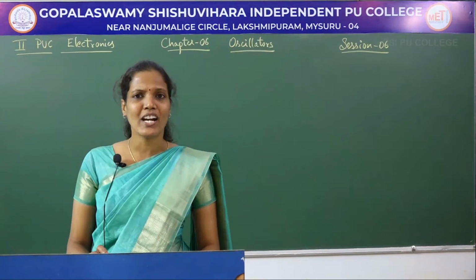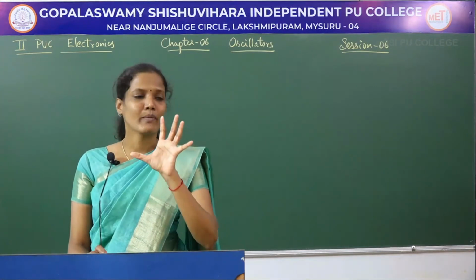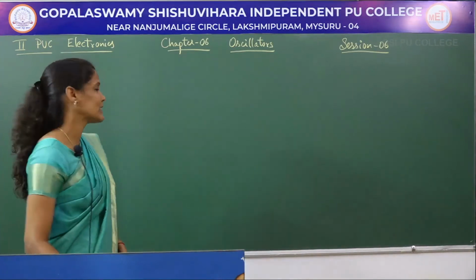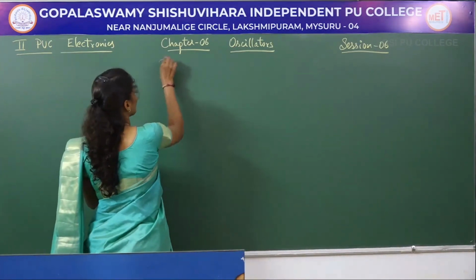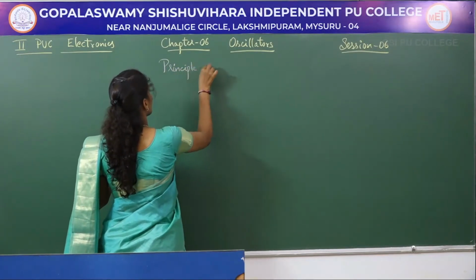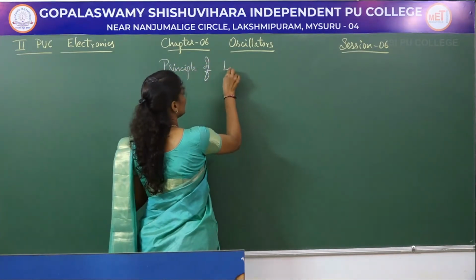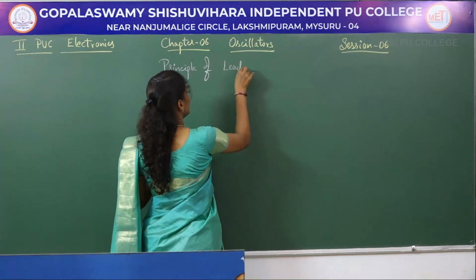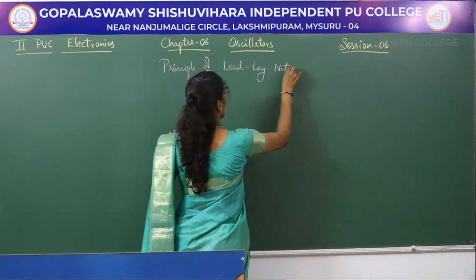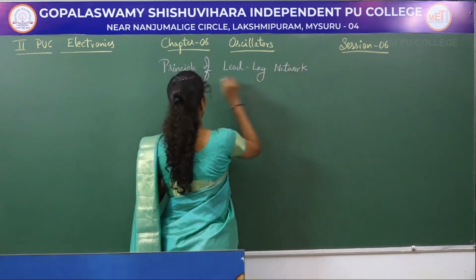Let us try to understand this Wien bridge oscillator, but before that we have to understand what is called the principle of lead lag network. So what is this principle of lead lag network?